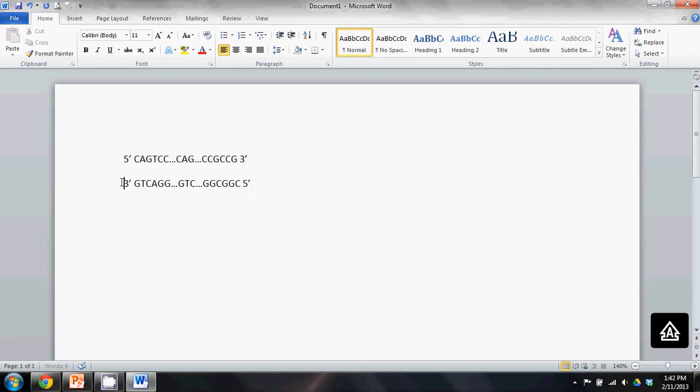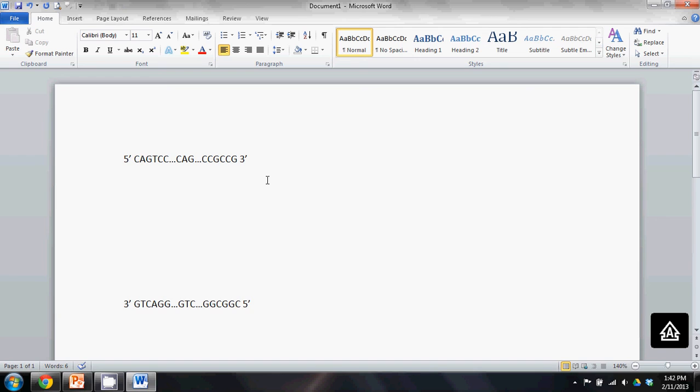This would be the thing, and then you separate them by denaturing them, and then you would need a primer here. It will be synthesized 5' to 3'.